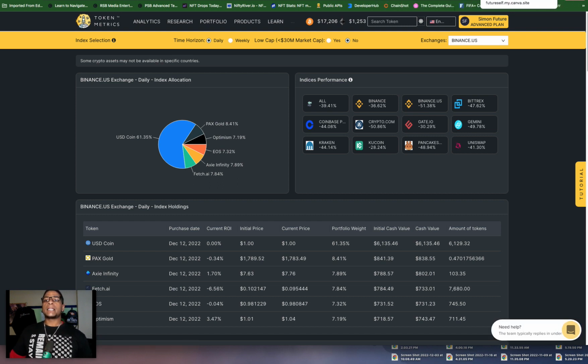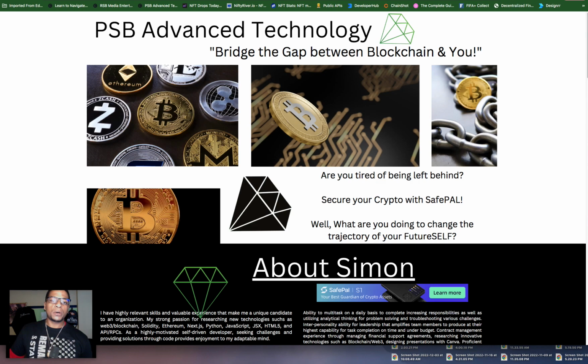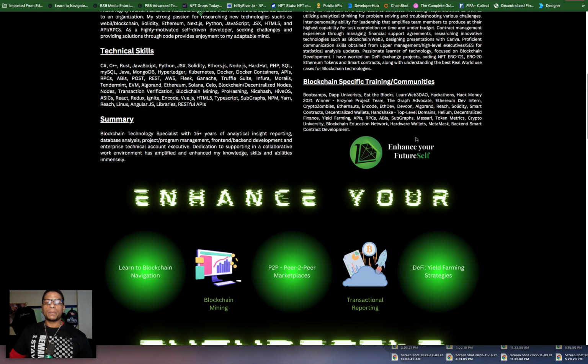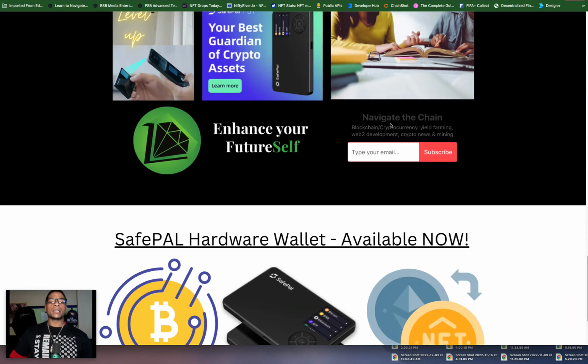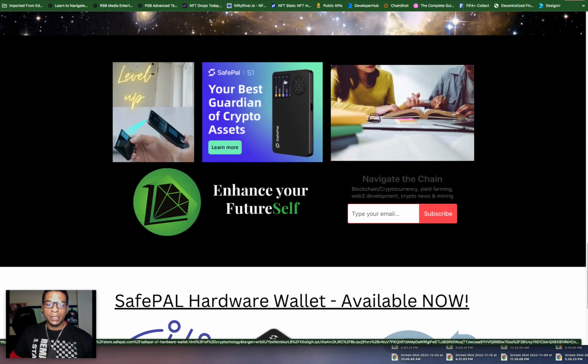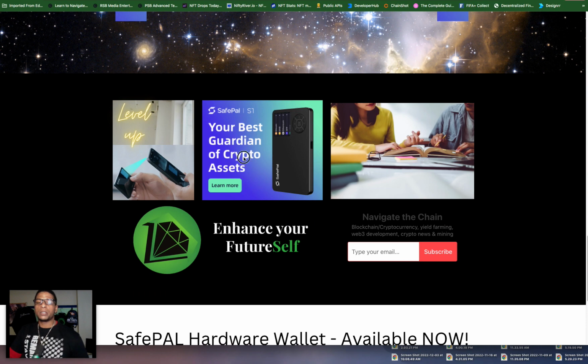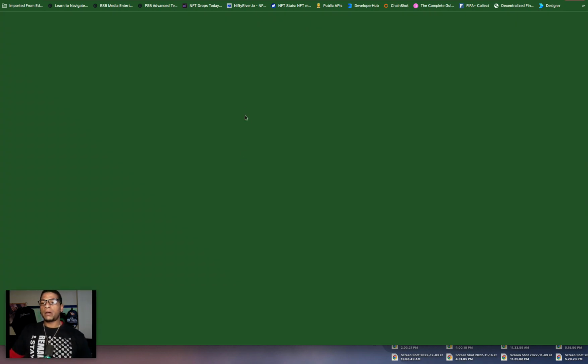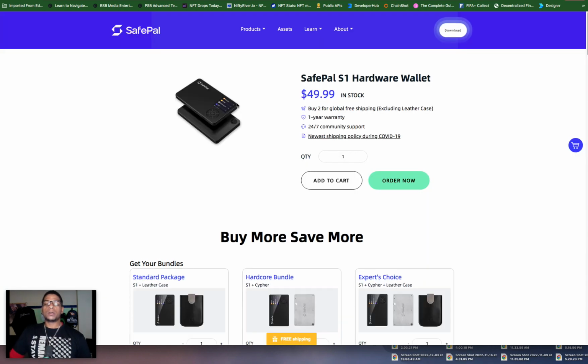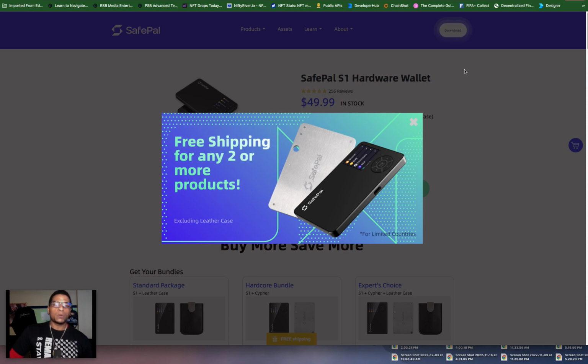And lastly, we're going to let you know how you can secure your crypto by using one of the best hardware wallets on the market, the SafePal wallet. So, stay tuned. We're going to get into it. I'm going to help you to level up.